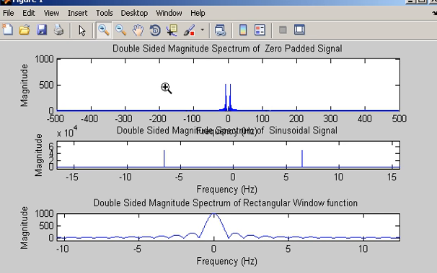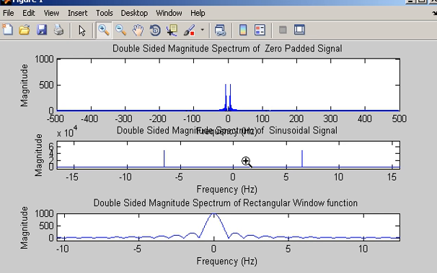That process of multiplication, where we multiplied these 2 waveforms together to produce the top waveform, in the time domain has a consequence in the frequency domain. And that consequence is basically called convolution. So multiplication in the time domain is equivalent to convolution in the frequency domain.